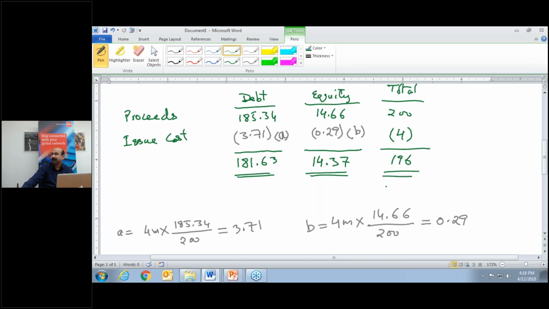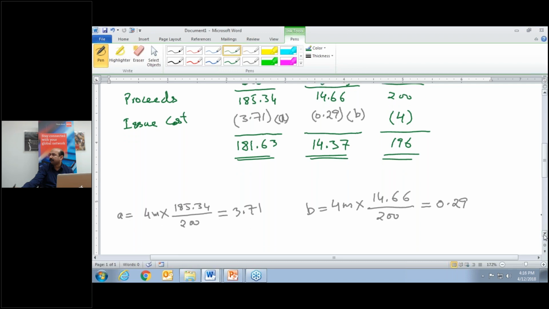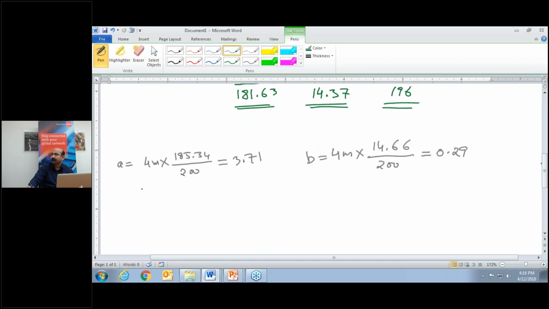Now, what will be the double entry for this? Of course, the double entry will be debit cash, which is 200 million minus 4, so 196 million cash debit.